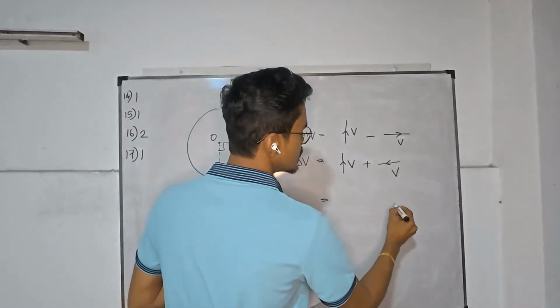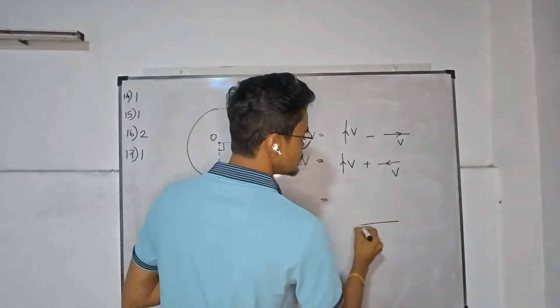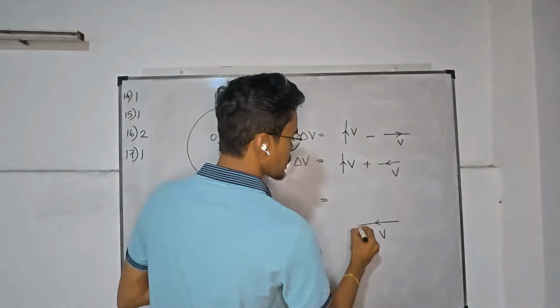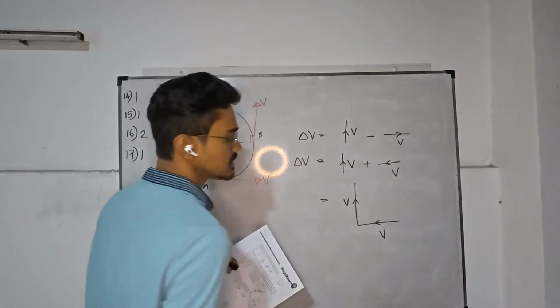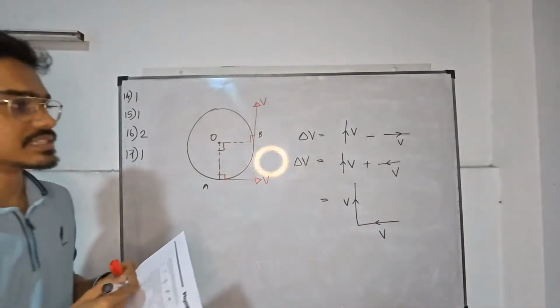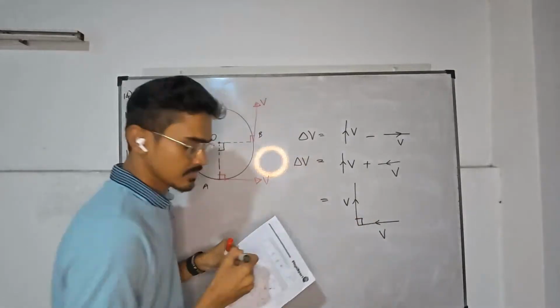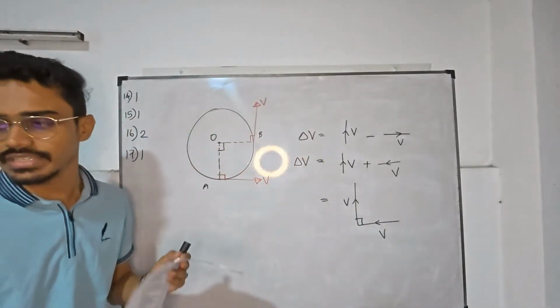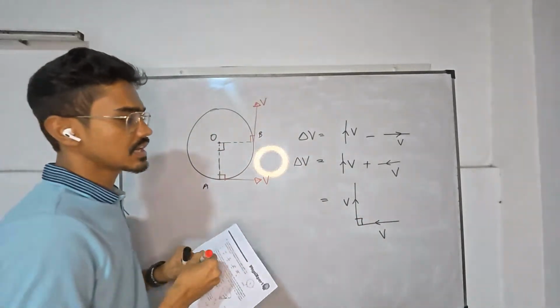Now easily I can determine this using the vector triangle. This is a vector v and this is another upward vector v. So the angle is 90, no? The resultant vector is the vector from start to the end.